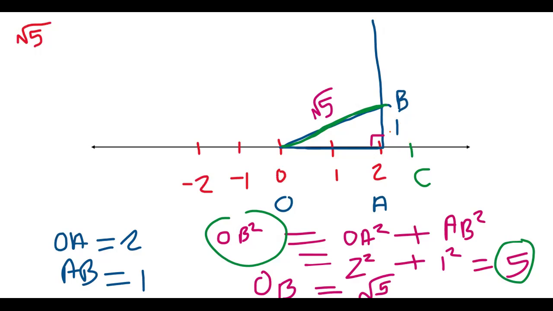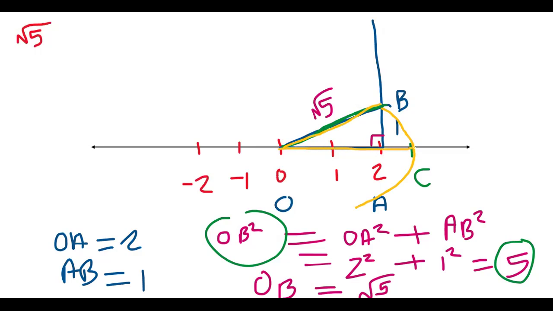Now here, as we can see, OB is equal to OC. How? Because if using OB we draw a circle, we will get OB and OC as the radii of the same circle.